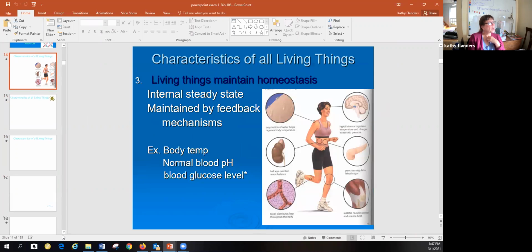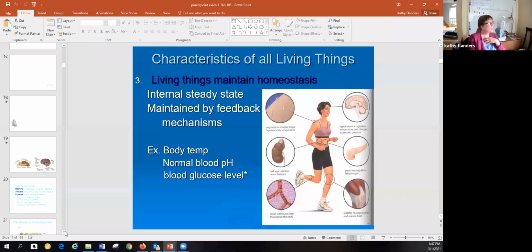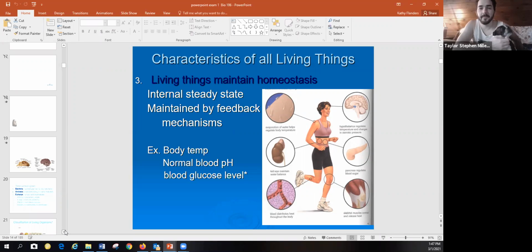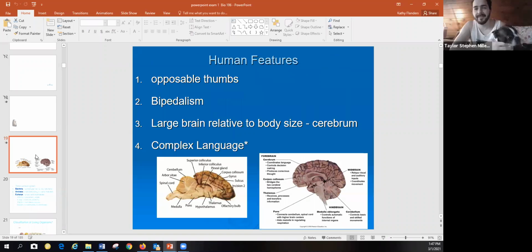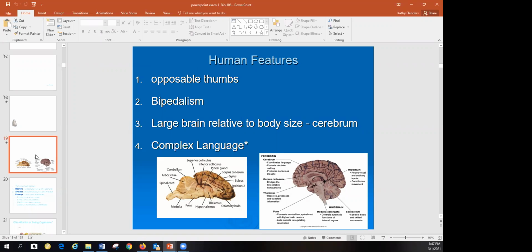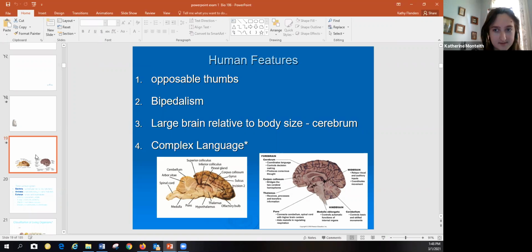What makes us human? What are the characteristics that make us human? 23 chromosomes. Actually, we have 46 chromosomes. Yeah, that's what I meant. Opposable thumbs, right? I know our cells don't have walls.